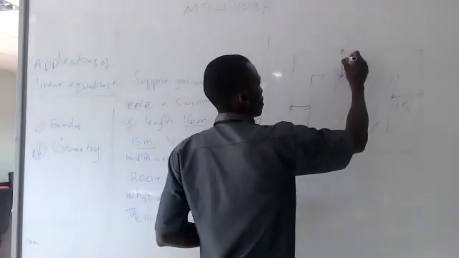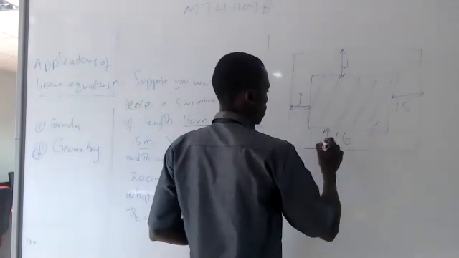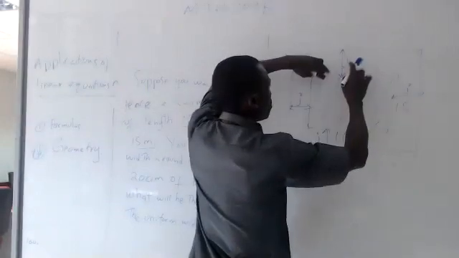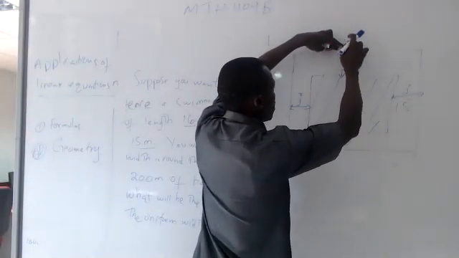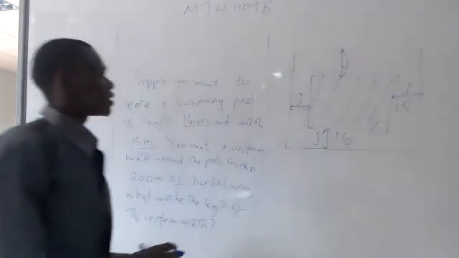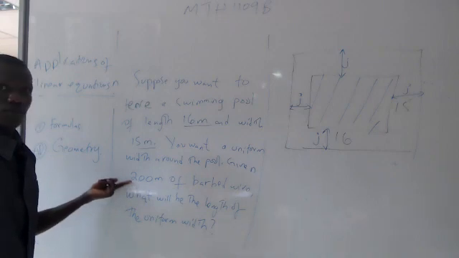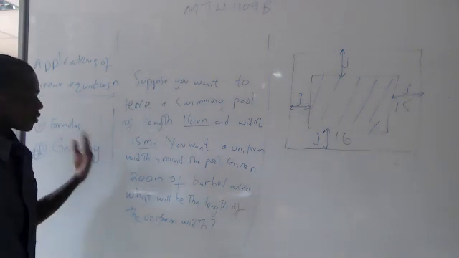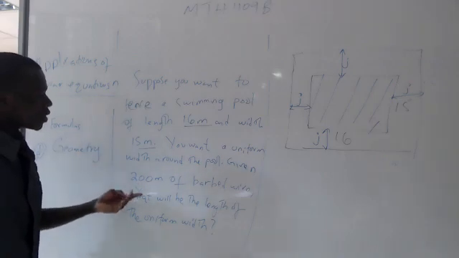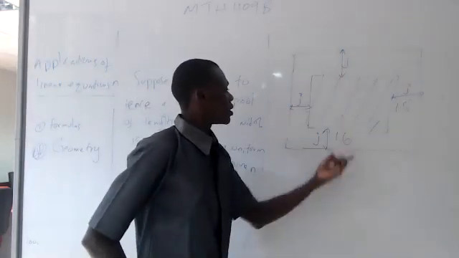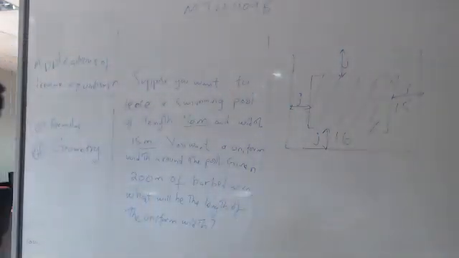Let's say the length is J. It's J all round. So this is where we're fixing the fence. From the pool, you move away J meters or so, and then you fix your fence. Given that we're supposed to use 200 meters of barbed wire, what will be the length of the uniform width?